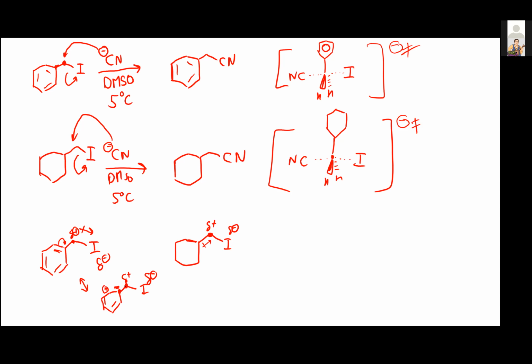And if we're doing that, we're making this iodine more negative. And what does that mean if we're making the iodine more negative and a carbon more positive? It means we're weakening that carbon-iodine bond. Because the iodine is pulling more of those electrons towards it, the carbon's getting less of the electrons. And if the iodine is pulling more of the electrons towards it, that bond is becoming less covalent-like.